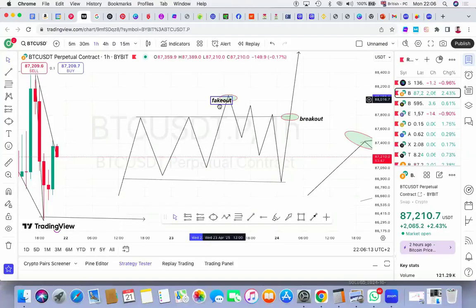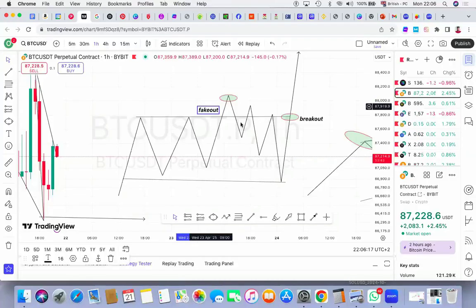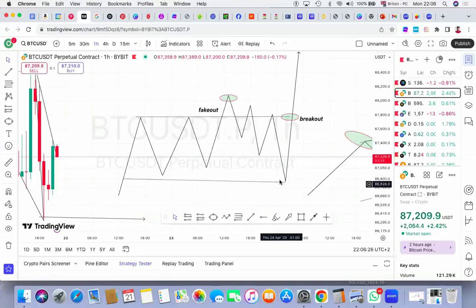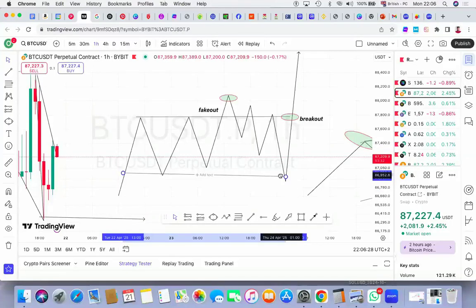So as a good trader, you want to be able to spot this, because when you draw your trend lines correctly, you would know the difference between a fake out and a real breakout.